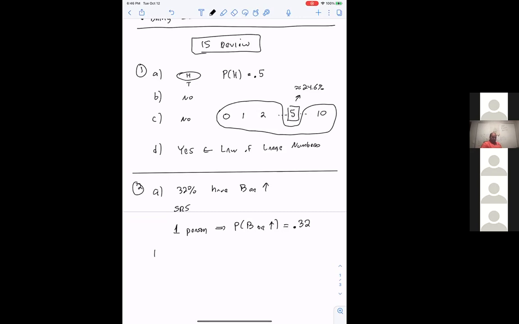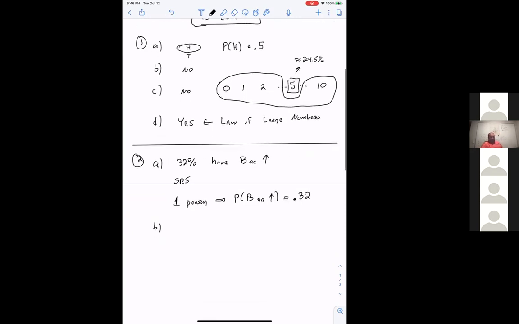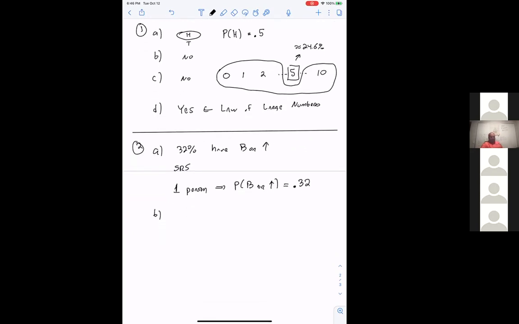Okay, now B. Next question. An SRS of 50 companies listed on the New York Stock Exchange is taken.